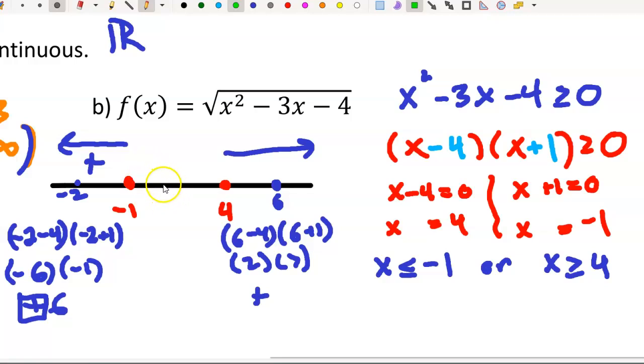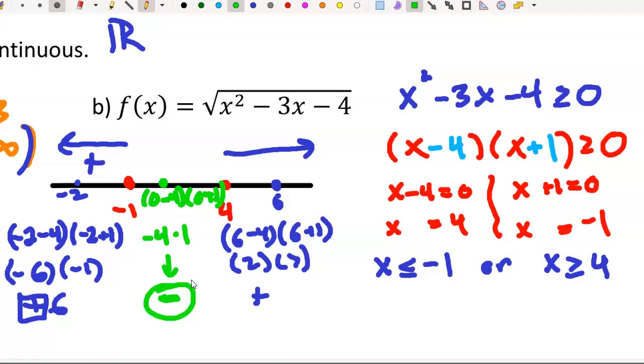So I'm going to plug in 0, right, and see what you get. So we get 0 minus 4 times 0 plus 1. And you'll notice that 0 minus 4 is -4. 0 plus 1 is just 1. And we get a negative number. And again, we can't take the square root of a negative, so that's why that's not part of the domain. That's not part of the answer. It does not exist there.